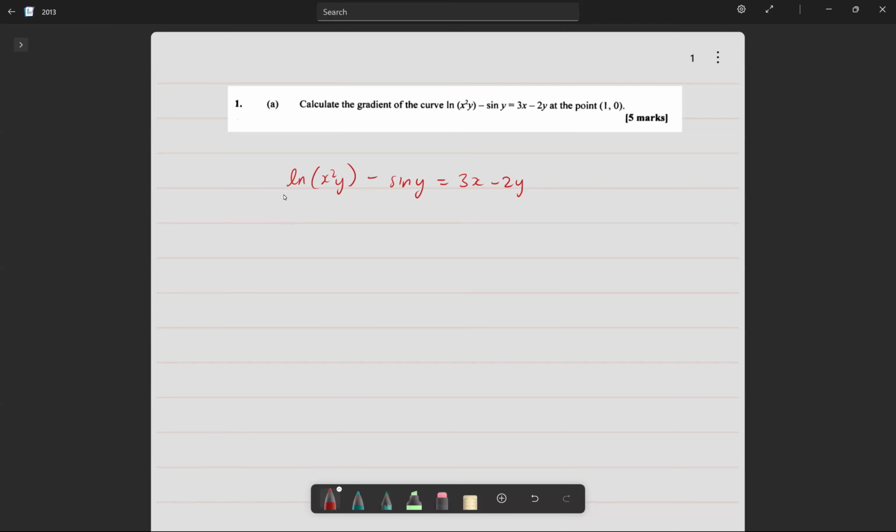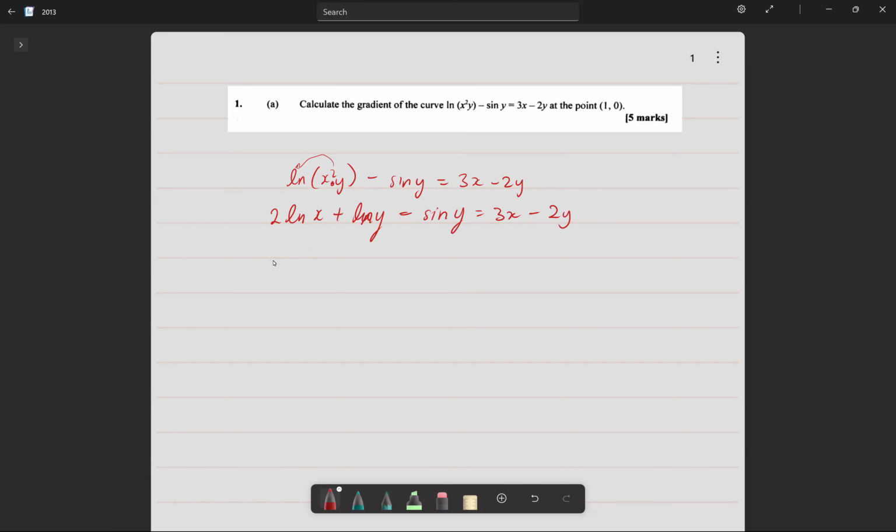The first thing is that we're going to use the law of logs to write this as 2 ln x plus ln y minus sine of y equals 3x minus 2y. Because this is a product, you can take it as addition, and the 2 as an exponent bounces to the front of the ln. Now we can find the differentiation.